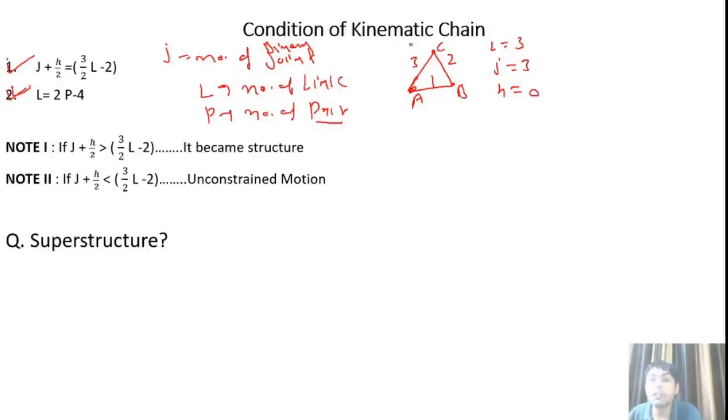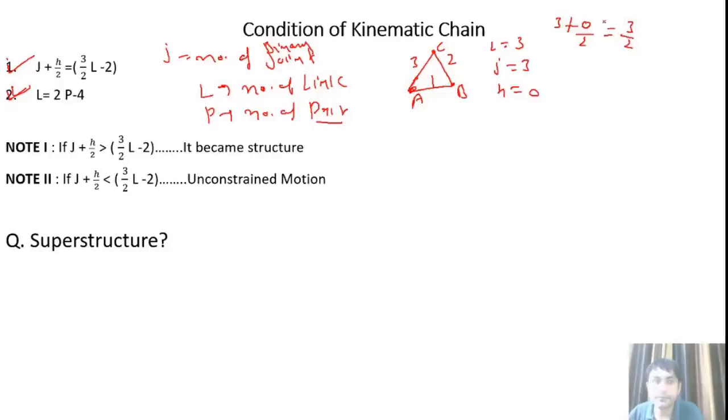Now put these values in the equation. J plus H by 2, that is 3 plus 0 by 2, compared with 3 by 2 L minus 2.